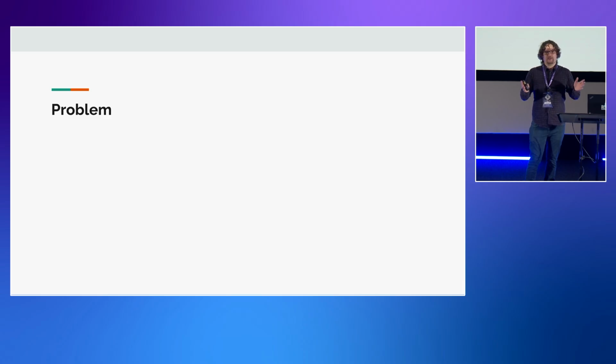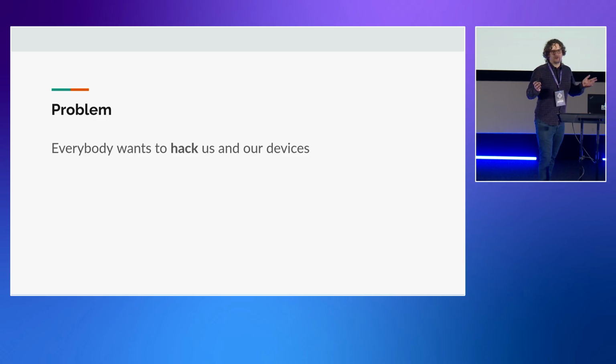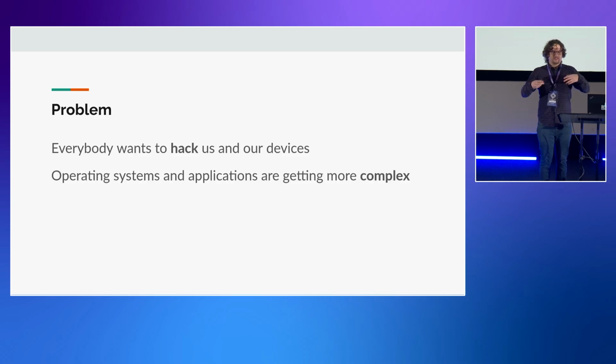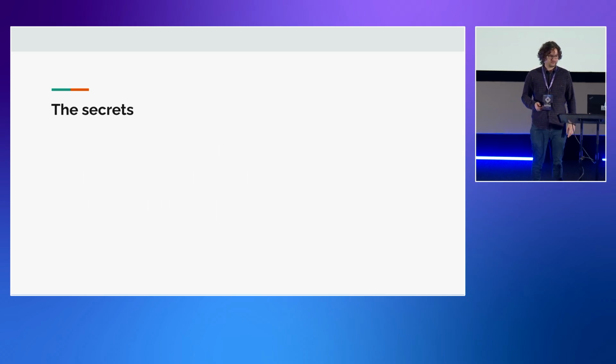We have a problem in embedded system design because everybody wants to hack us and our devices. And unfortunately, operating systems and devices are getting more and more complicated. Every single device nowadays has to have Wi-Fi, Bluetooth, multiple operating systems. And as a consequence, the attack vectors are multiplying because the more complicated the system, the more holes you can poke through it.